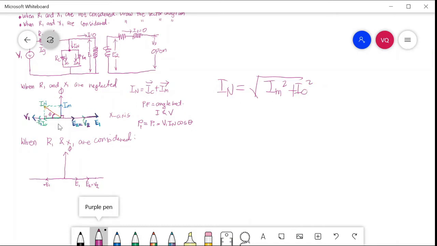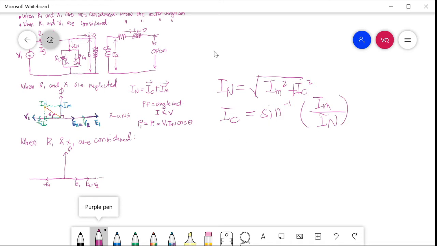Okay? So you can solve also when IC is unknown. It is equal to arc sine of opposite. What is the opposite of this angle? Opposite is IM all over the hypotenuse, so IN.